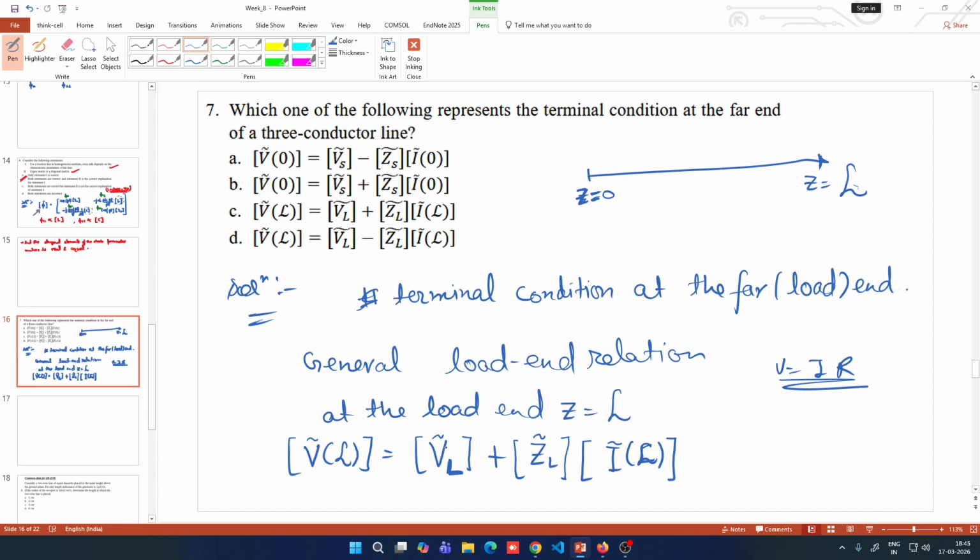So this VL is the voltage drop here. So this is our load, so this is the voltage drop, and V at L as a phasor is given by this relation. If you match it with the given options, our correct option will be option number C.